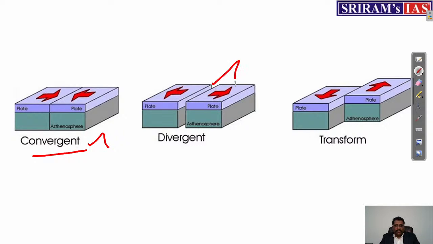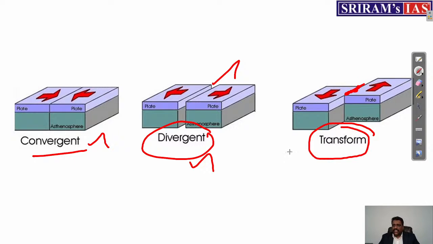If they move away from each other, we call it a divergent boundary. And if they slide past each other, neither convergent nor divergent, we call it a transform boundary. So there are 3 major types of boundary: convergent, divergent, and transform.